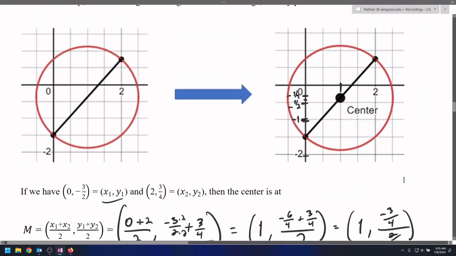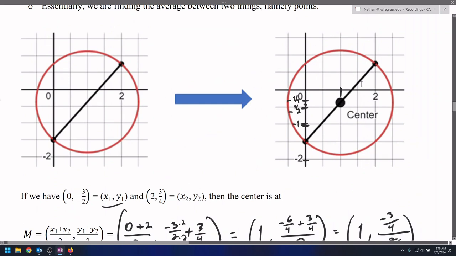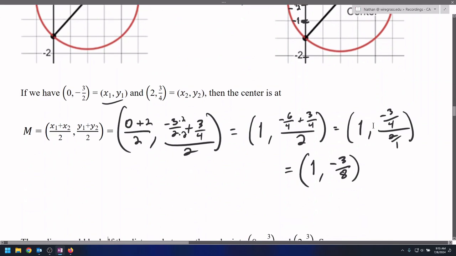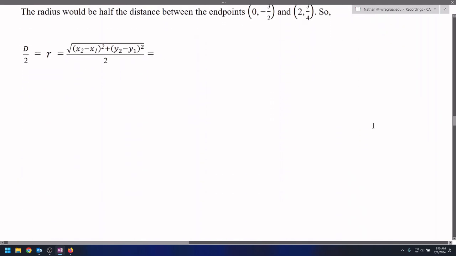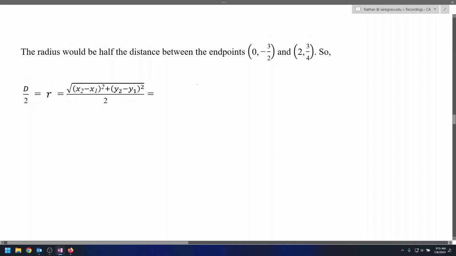The last step here to find the equation of this circle is to find the radius. We can do that by either taking the distance from the center to one of these outside points, or we can find the distance between the outside 2 points and then cut that in half, the diameter, to get the radius. So that's what we're going to do: take the distance between the 2 endpoints, (x1, y1) and (x2, y2), and cut that distance in half to find the radius.